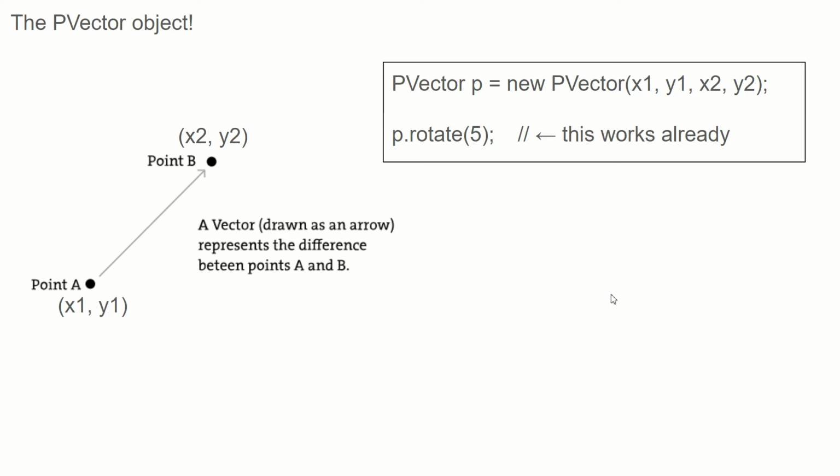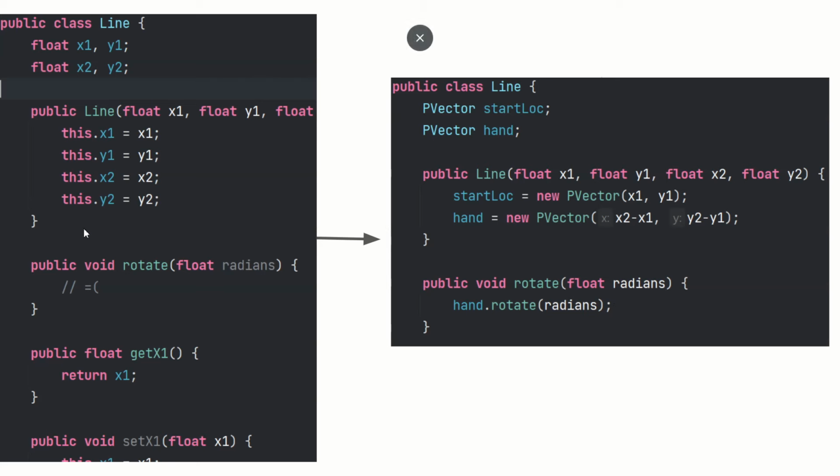So as soon as I make my PVector object, I can just tell it to rotate and it will rotate itself. So I thought, okay, it would be really great if I could rewrite my line class so that instead of having starting and ending coordinates, I use PVectors. So I'll have one PVector that points at where I want my line to start, and then I'll have another PVector that represents the difference between the starting and the ending. And it's not important if you feel weird about how PVectors actually work.